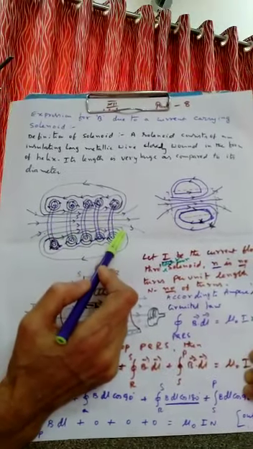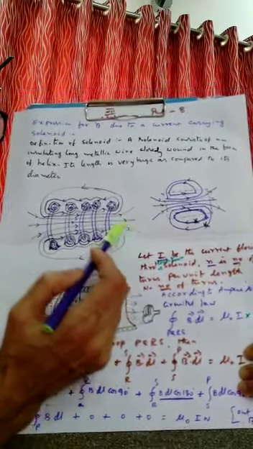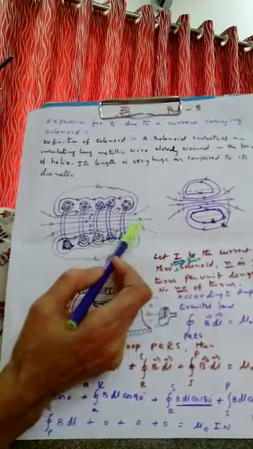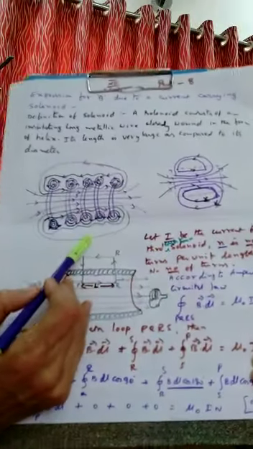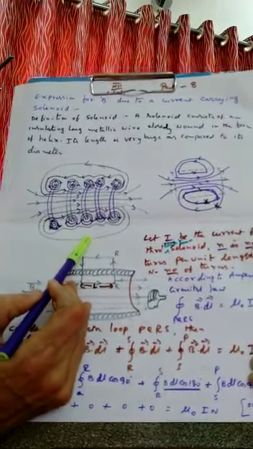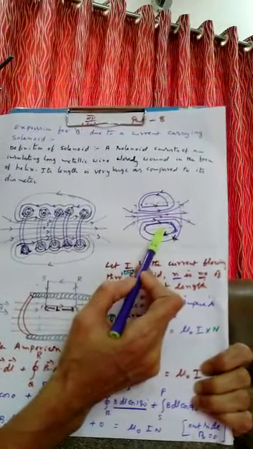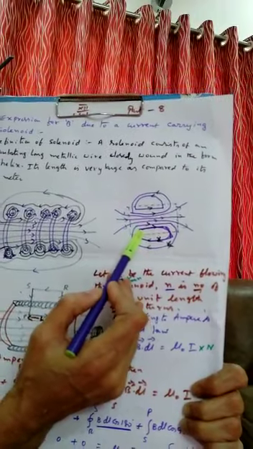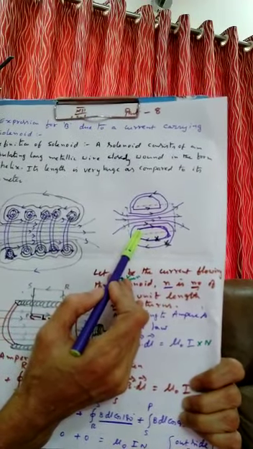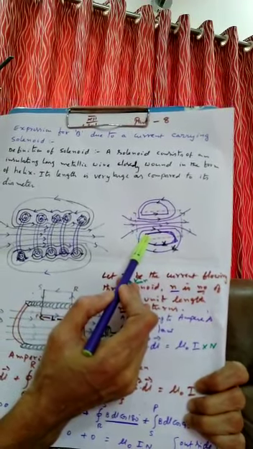If the current flows clockwise, then that edge will be the South Pole. So this is about the solenoid. It is carrying current. We have connected the two ends to the battery, which is not shown here because you have done it already in your 10th class. Now this is a solenoid. The pattern of the magnetic field just resembles that of the bar magnet, right?